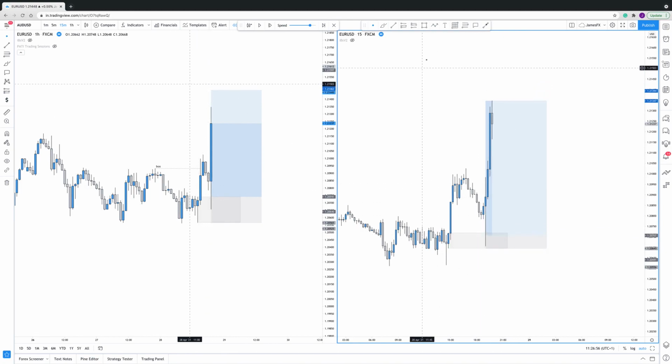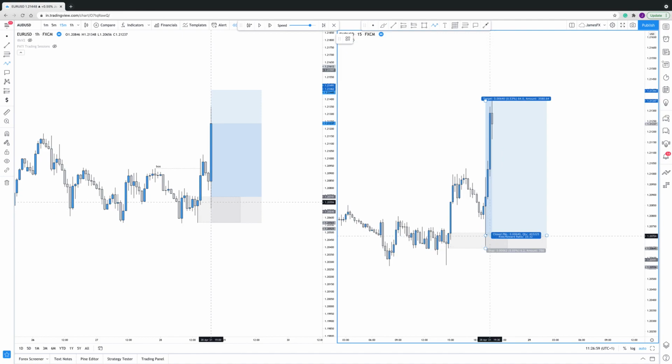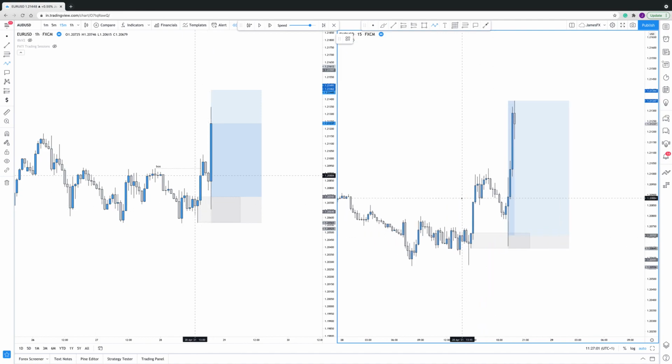Now we will get into how we can wait for more confirmation, but a quick little tip of what we look for is once price taps in on an hourly or a 15-minute order block, we can drop to a lower time frame like the 5-minute, 1-minute, or even the 30-second time frame, and what we're looking for is essentially price to tap in just like this and then show us the breaker structure.